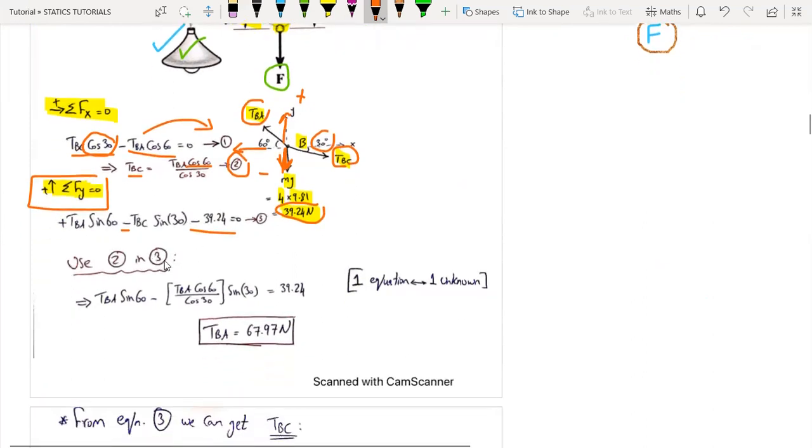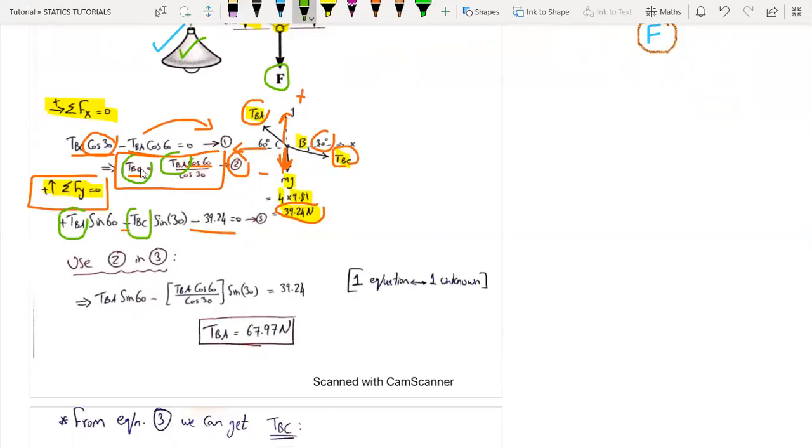Now, use equation 2 in equation 3 to be left with one unknown only. We have two unknowns, TBA and TBC, and two equations, so we will solve them.